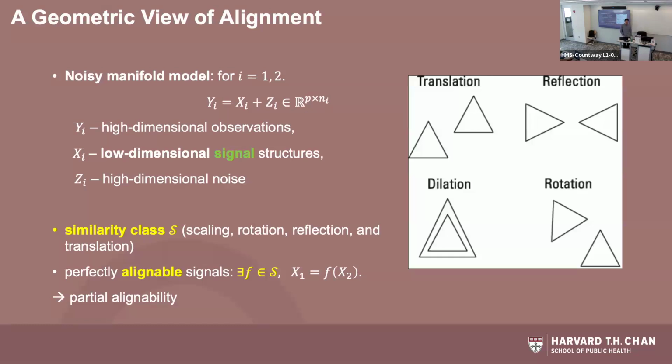This is just a low dimensional structure that got rotated or reflected or scaled, and after this similarity transformation, you get the other. Although what we observe is the noisy realizations of these 2 low dimensional objects, also in the high dimensional space. Correspondingly, we can also define partial alignability. Basically, there exists a subset of samples in X1 and X2, so that this relation holds.